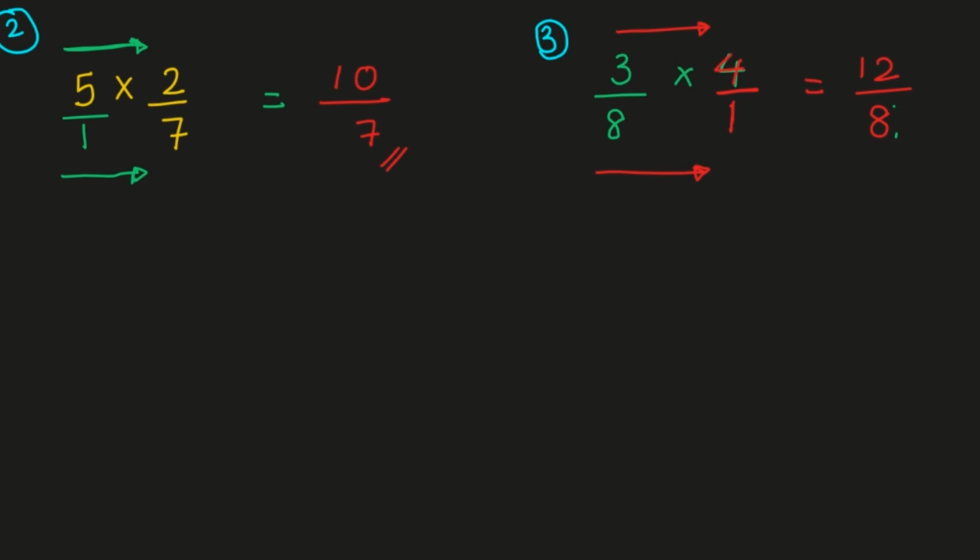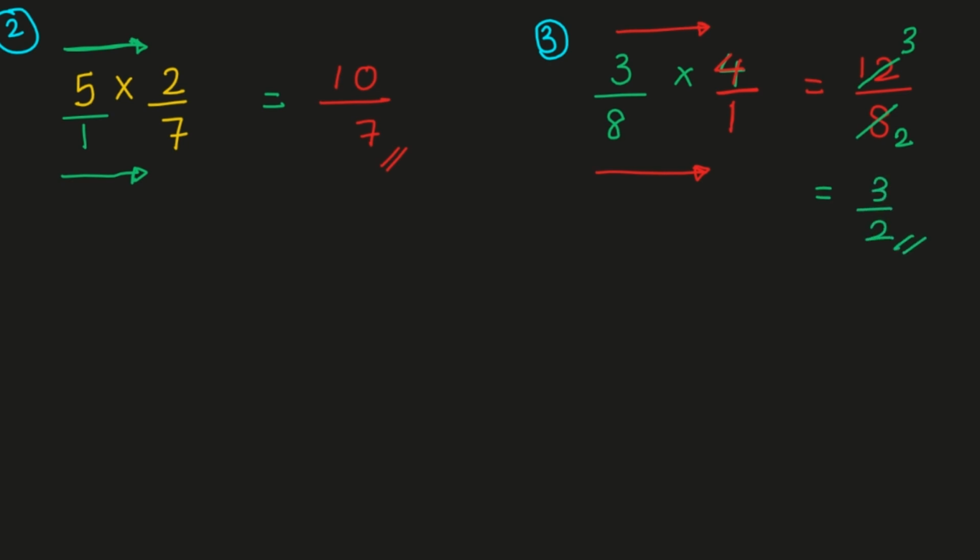In this case, we can divide it by 2 as well, but we can directly take the value we are going to divide by as 4. So 8 divided by 4, it's 2. 12 divided by 4, it's 3. So the answer is 3 upon 2.